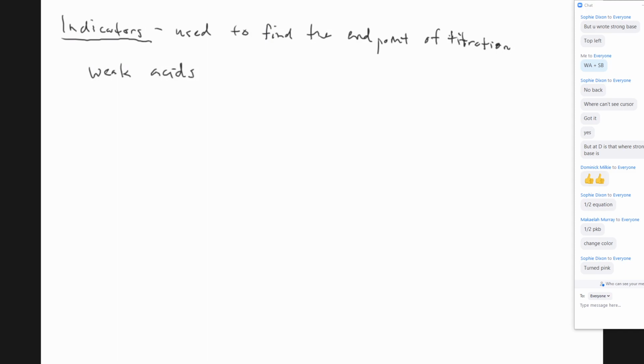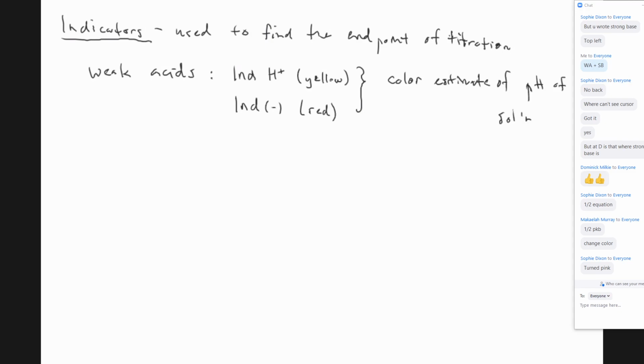So if it was an indicator H+, it'll give you some type of yellow color, right? If it's an indicator for some base, give you some red color. But what these weak acids do, they give you a color estimate of the pH of solution, right? And they'll bounce back between two colors, okay?